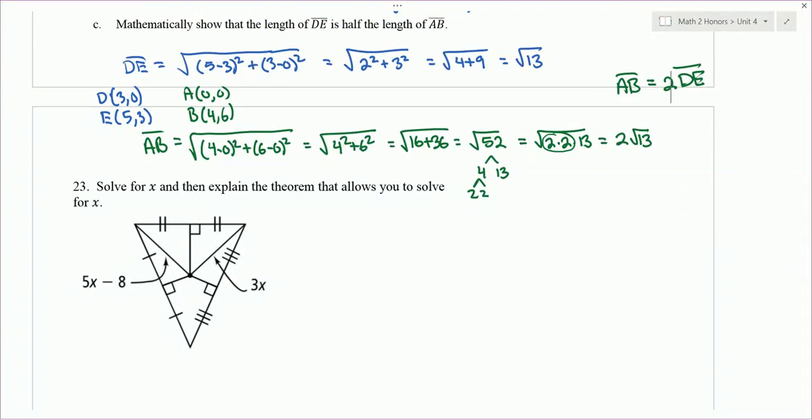23. Solve for x and then explain the theorem that allows you to solve for x. So first we need to know what we're looking at here. We have perpendicular bisectors.